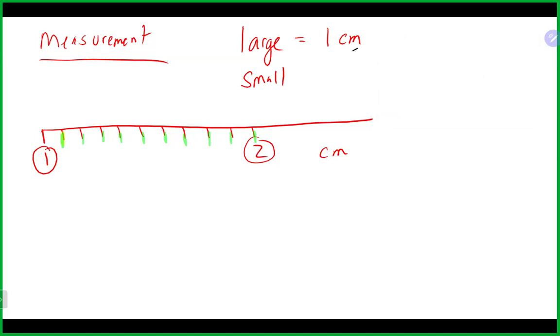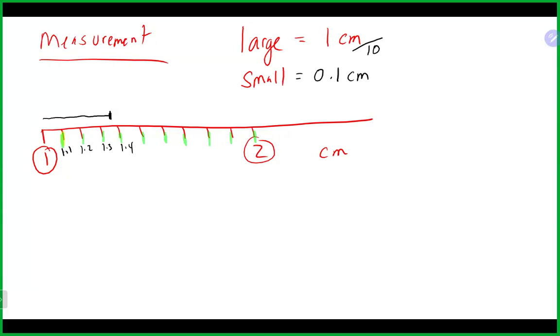If we divide our large markings by 10, which is how many we have of the smaller markings, that tells us that each of these smaller markings is 0.1 centimeter. That would be something like 1.1, 1.2, 1.3, and so forth, all the way up to 2.